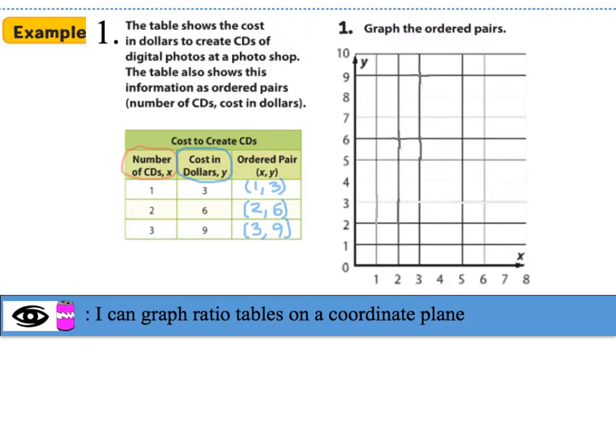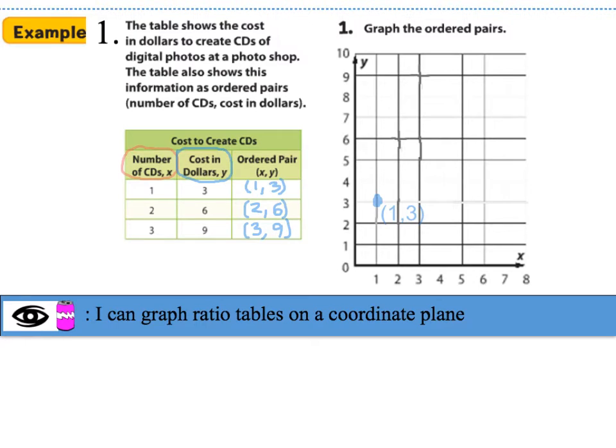So I'm going to go ahead and graph my ordered pairs on my coordinate plane. Remember, we're going to start with the x first and then go on the y-axis. So for my first ordered pair, which is 1, 3, I'm going to start at 0, 0, and I'm going to move over on my x-axis to 1 unit, and I'm going to go up 3 units. So my point should go right there. So that point is located at 1, 3.